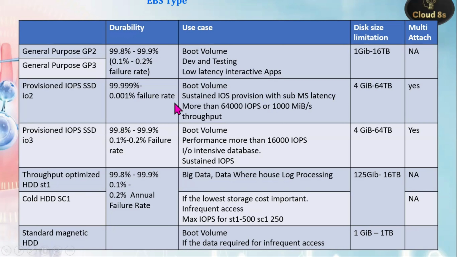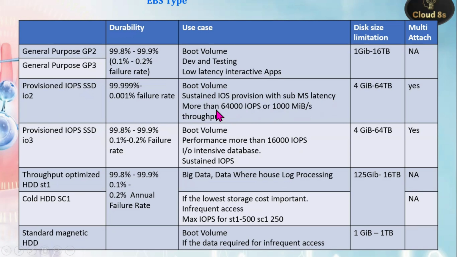Coming to the use cases, IO2 can be used as a boot volume if you need an advanced boot volume for your operating system. Apart from that, we can get sustained IOPS using IO2, along with millisecond latency.